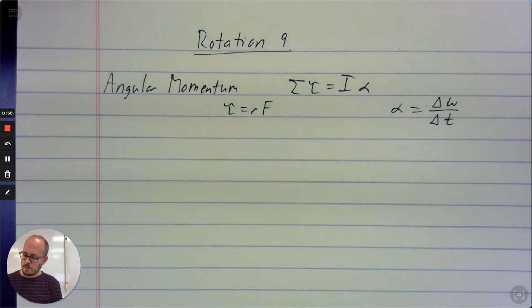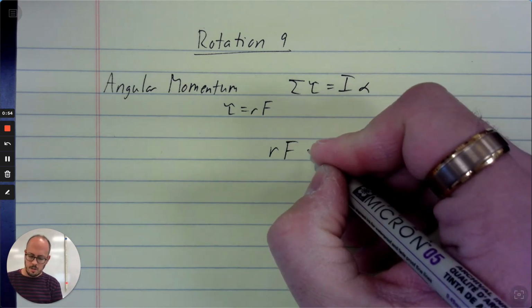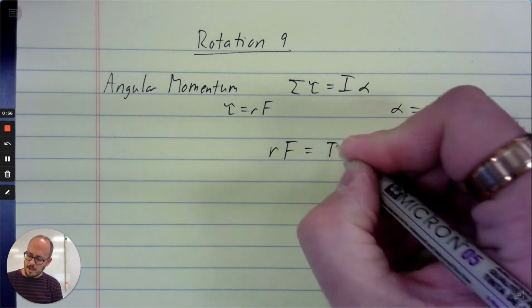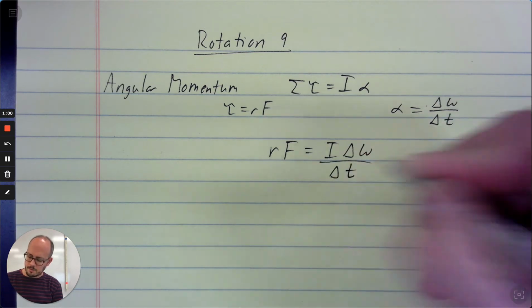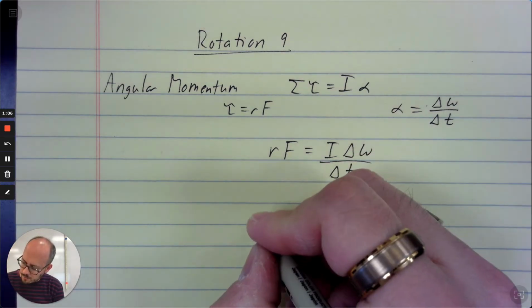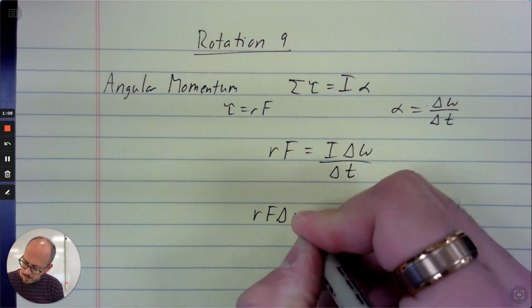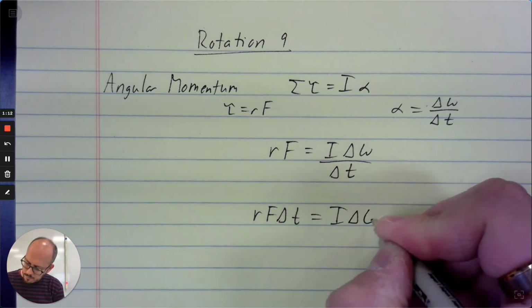And so what you end up with when you combine everything is R times F, and that equals I delta omega over delta t.